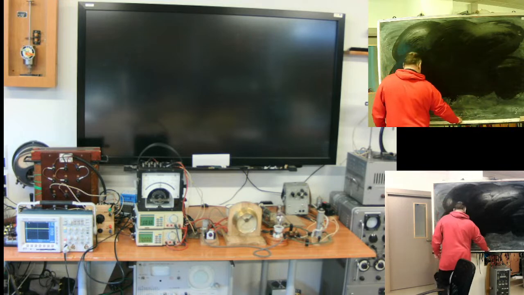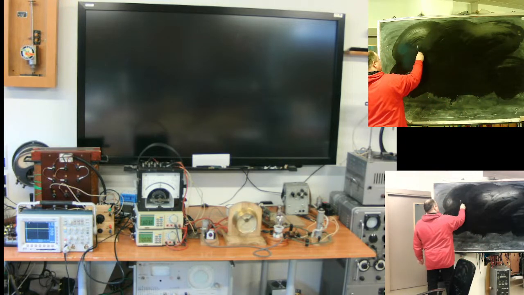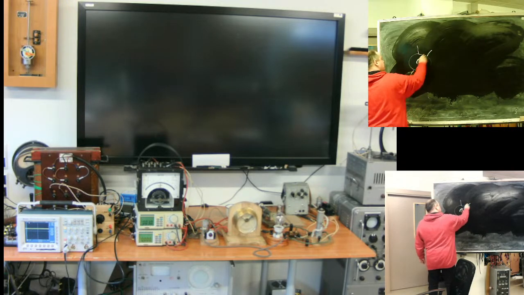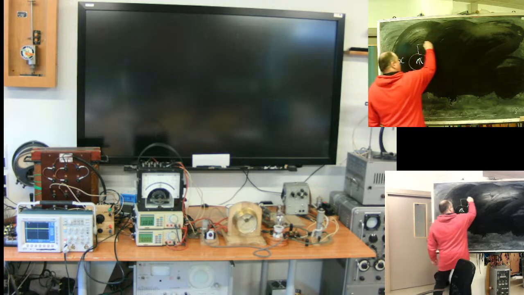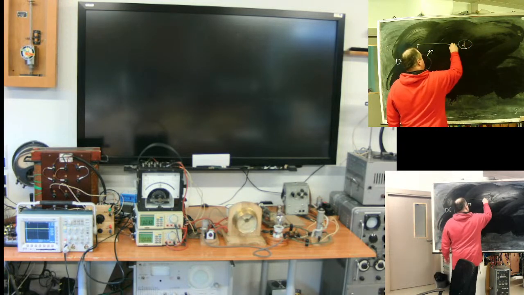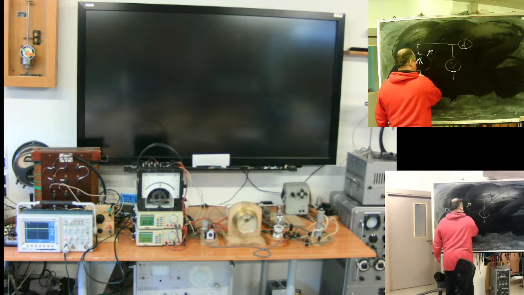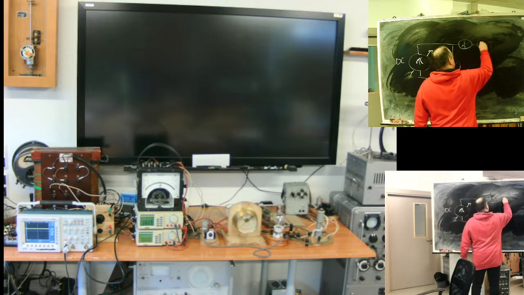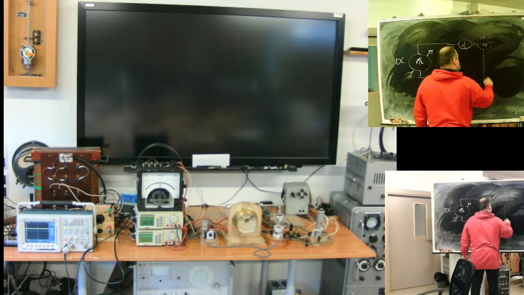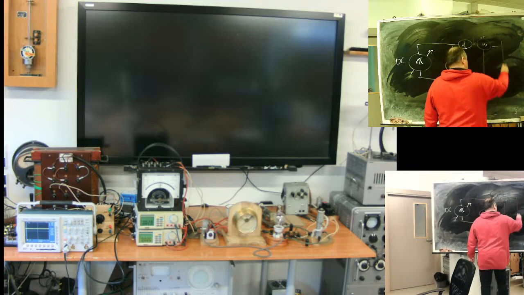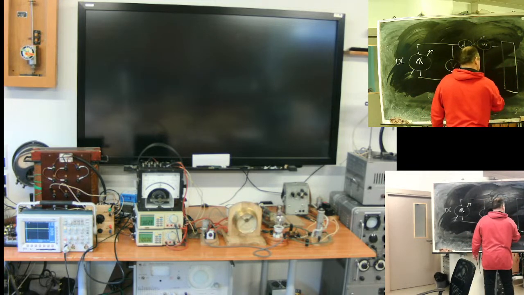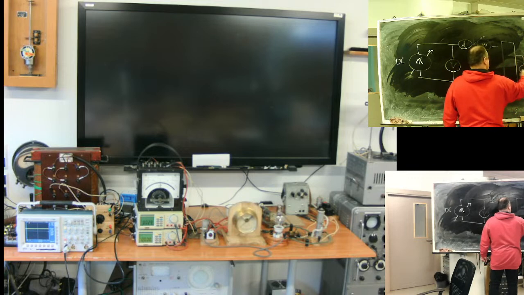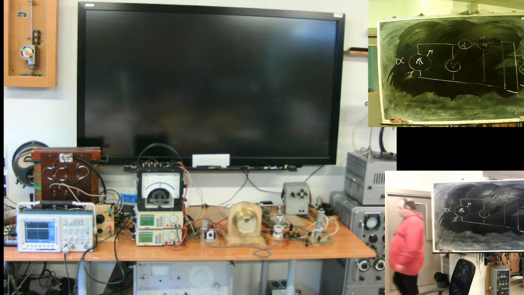So I have a regulated DC power supply. I have an ammeter, a voltmeter, and also a wattmeter. All these power some network, and the network is loaded with this nice ball.